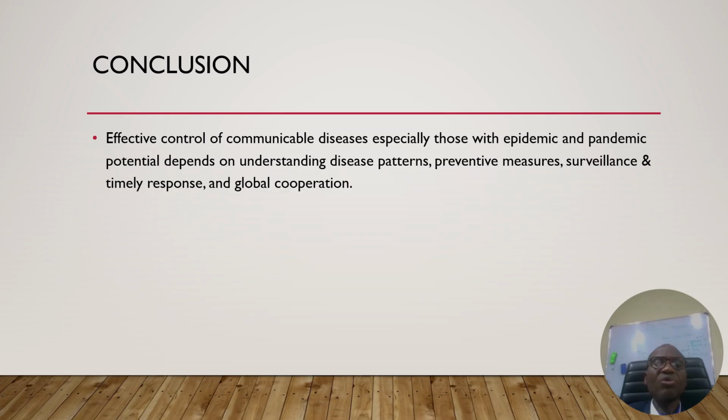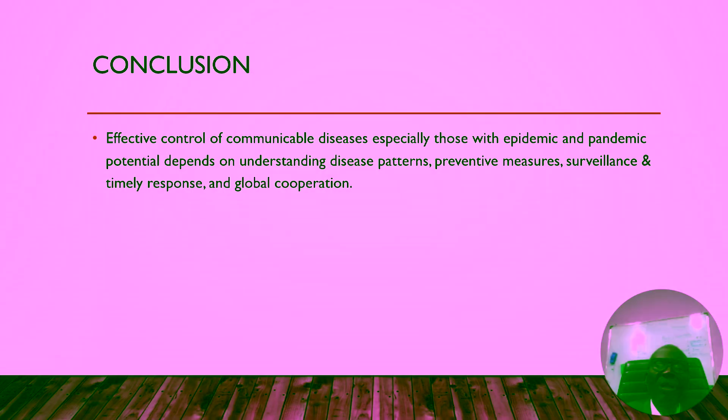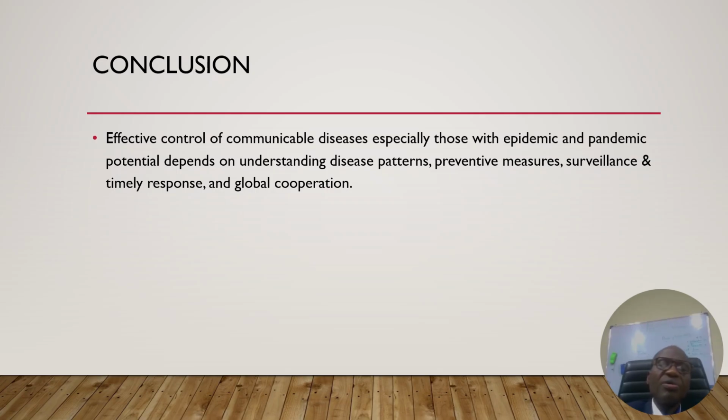Sorry about that. To conclude this revision lecture, I would say that effective control of communicable diseases, especially those with epidemic and pandemic potential, such as COVID-19, Ebola, Marburg, all depends on our understanding of the patterns of the disease, the epidemiology, both locally and otherwise, the preventive measures we can put in place, all epidemic preparedness measures, surveillance, and timely response to diseases when they occur.